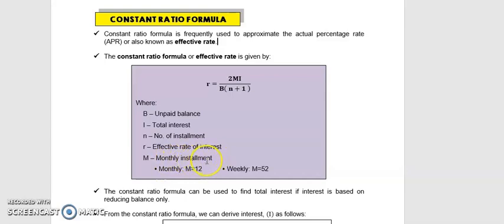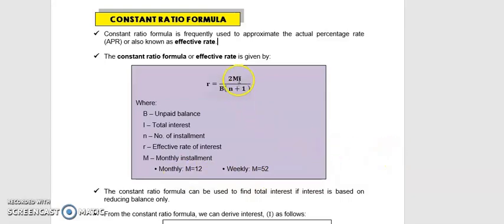If the installment plan is based on monthly basis, automatically we set value M equal to 12. But if the installment plan is based on weekly basis, automatically we set value M equal to 52. So we assume 1 year equals 12 months, 1 year equals 52 weeks.